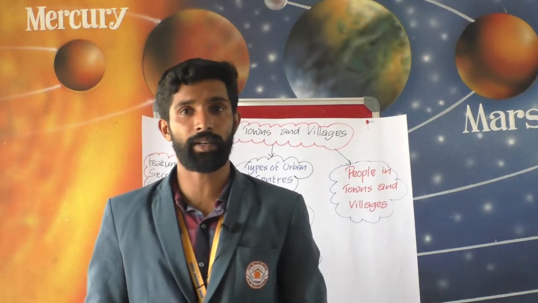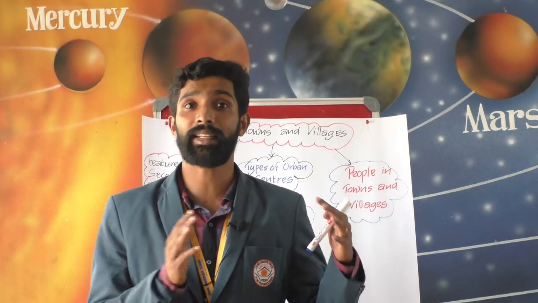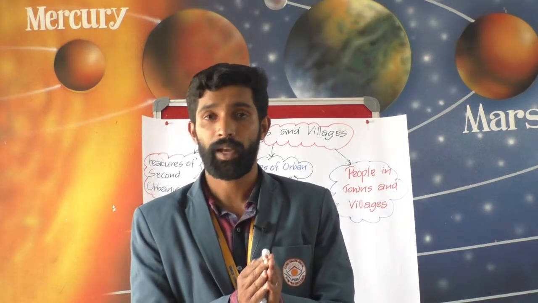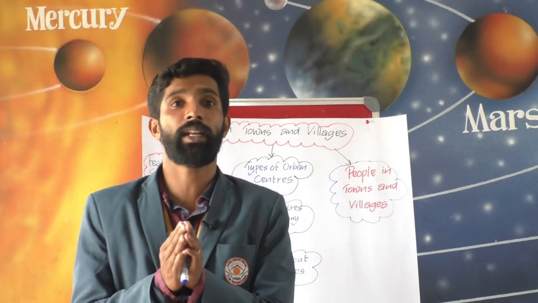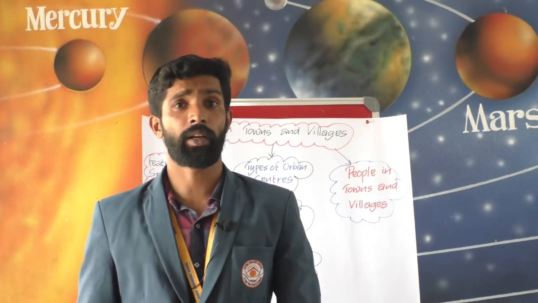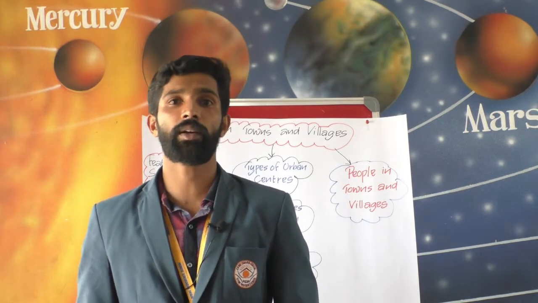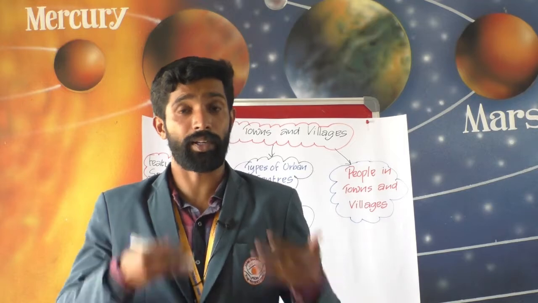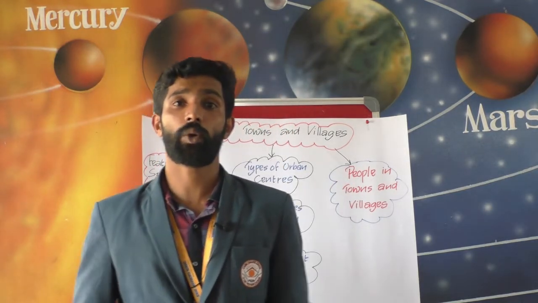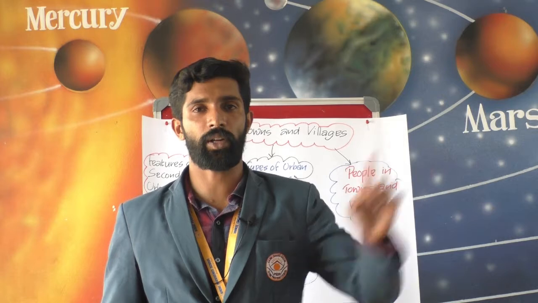The first category included villages inhabited by different castes and communities and was headed by the village headman called Gram Bhojaka. Gram Bhojaka, Gramini or Gramika are all names of the village headman, and they also served as policeman and judge at times. So this is the first type of village.